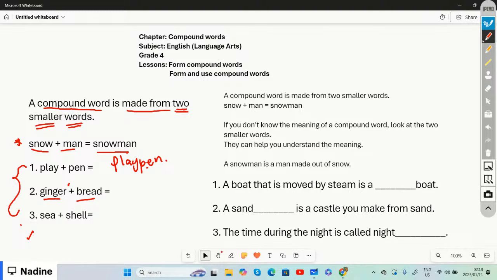Yes, we have sun plus light. It's sunlight. Well done. Back plus pack is a backpack, or hand plus bag is handbag.